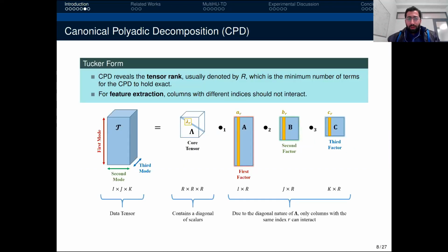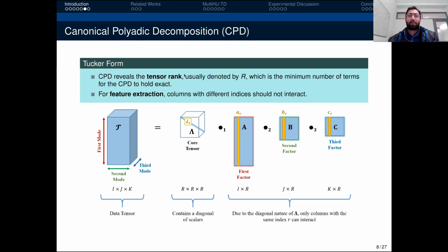I think most of us here are familiar with the canonical polyadic decomposition, so I will go very fast, at least with what is relevant to this work. Basically, the CPD reveals the tensor rank. The main feature of CPD is the diagonality of the core tensor.